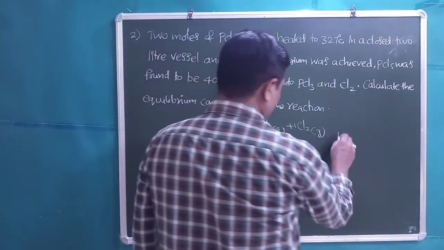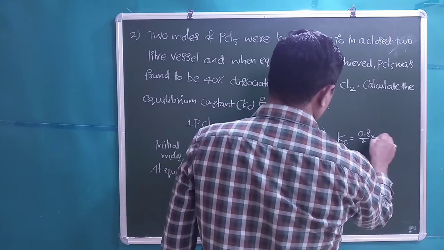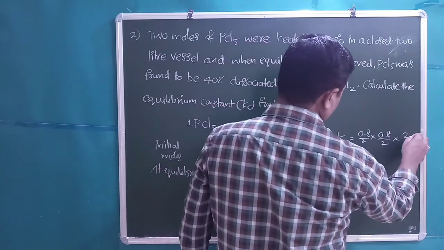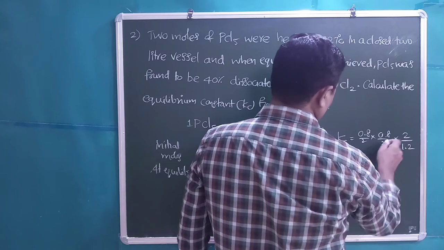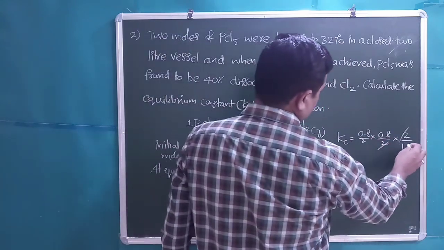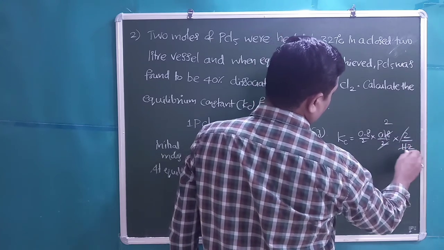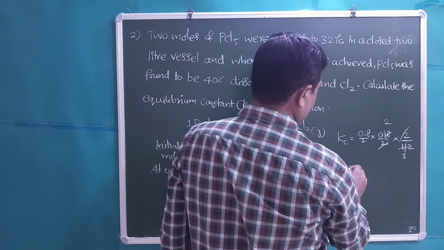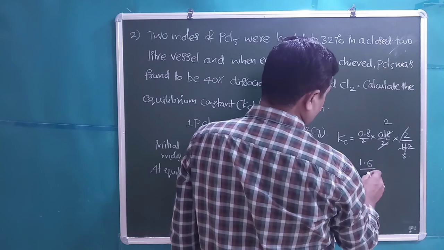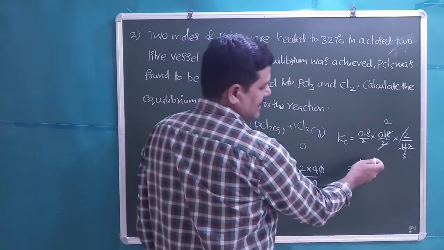So let us simplify this. Kc is equal to 0.8 by 2 into 0.8 by 2. The bottom fraction will be reversed, so we get 2 by 1.2. Here 2 will get cancelled. Let us simplify this. We get 0.8 into 2 is 1.6, divided by 2 into 3 is 6. 1.6 divided by 6.